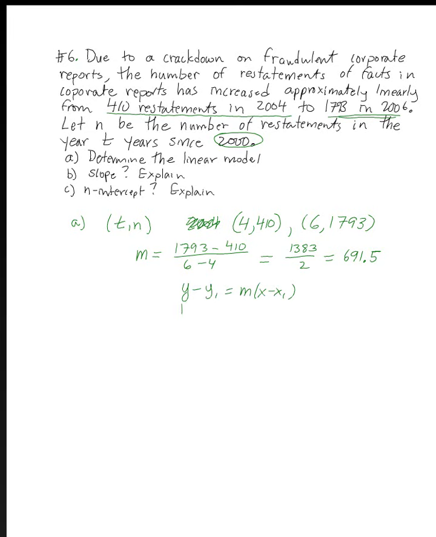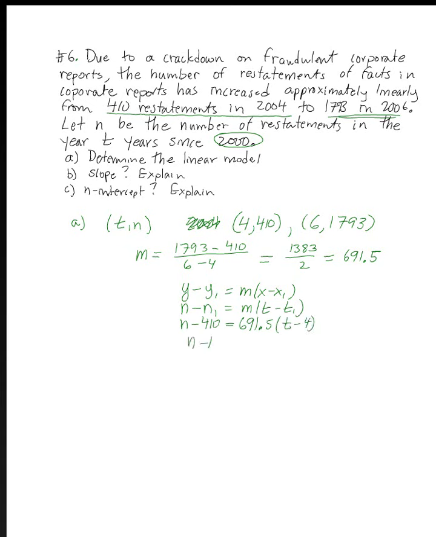So I would have n minus n1 equals m times t minus t1. So n minus, I'll use the 410, is 691.5 times t minus 4.